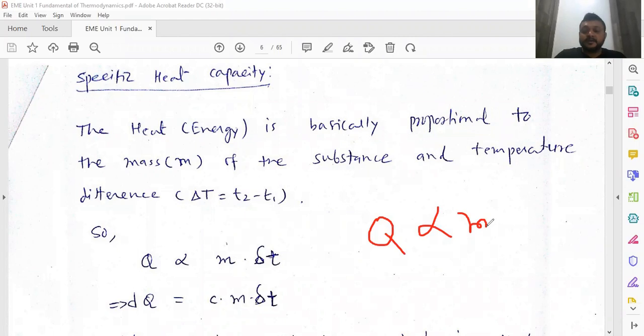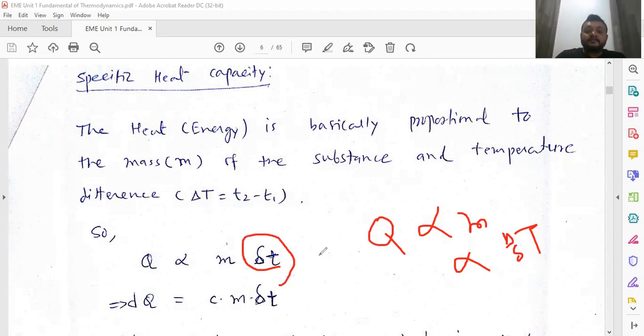In the same way, suppose you need to boil a smaller quantity of liquid, for example 100 gram of milk, then you need less energy. So heat energy is proportional to the mass of the substance. If mass is more, then you need to supply more heat. And in the same way, heat is also directly proportional to the temperature difference, delta T, in SI units, kelvin. So this is delta T.